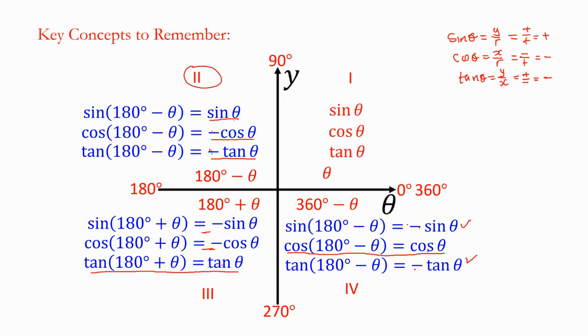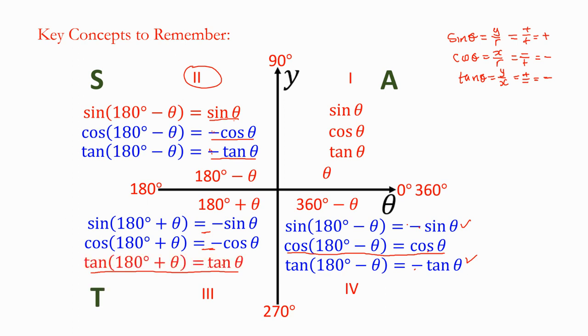So if you check here, all of them are positive there in quadrant 1. And then in quadrant 2, it is only sine 180 degrees minus theta, which is positive. So we say sine there, which is positive. We put S there for sine. And then in quadrant 3 is tan 180 degrees plus theta, which is positive.